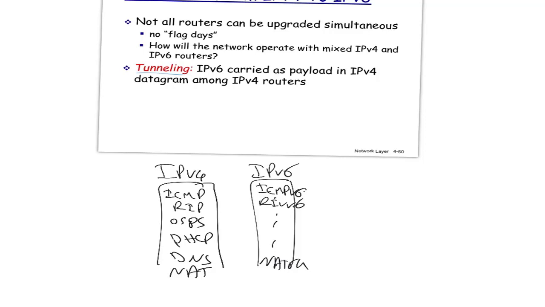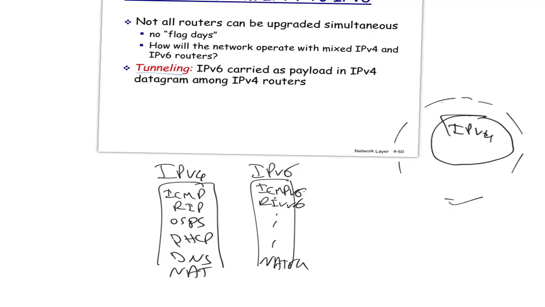What will be the benefit of this? This same node can now be part of a network which is an IPv4 network, or another network which is an IPv6 network. Okay?